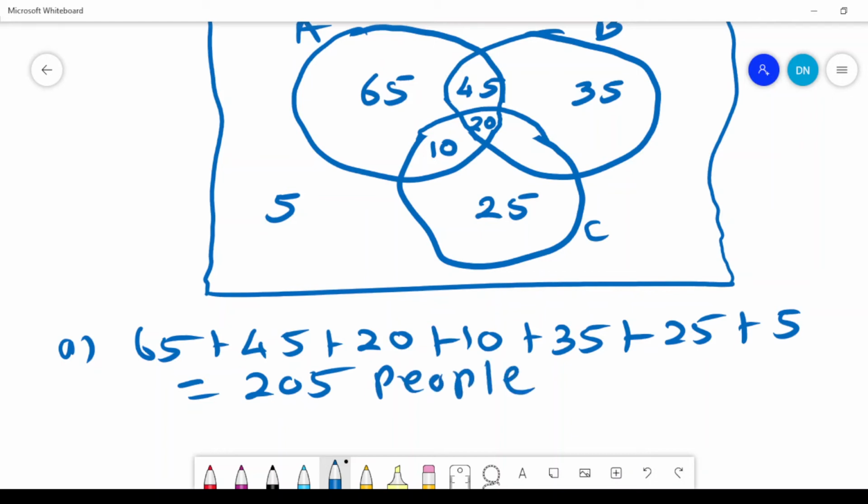Then the second question is, how many watched exactly 2 stations? From the diagram we can see the numbers. Remember here there is a 0 because none watched all of that. Exactly 2 stations is 45 plus 10, which is 55 people.